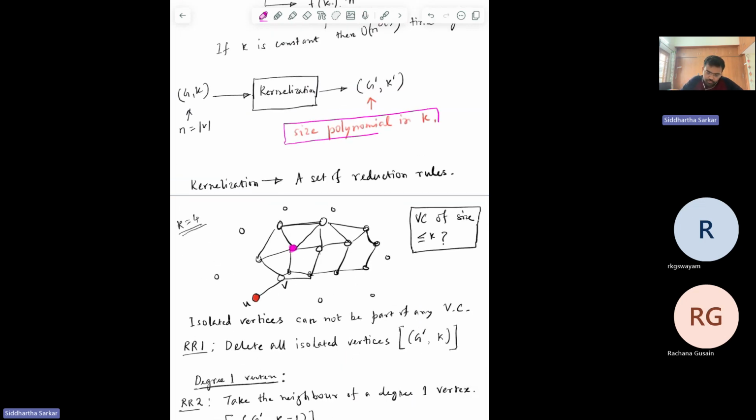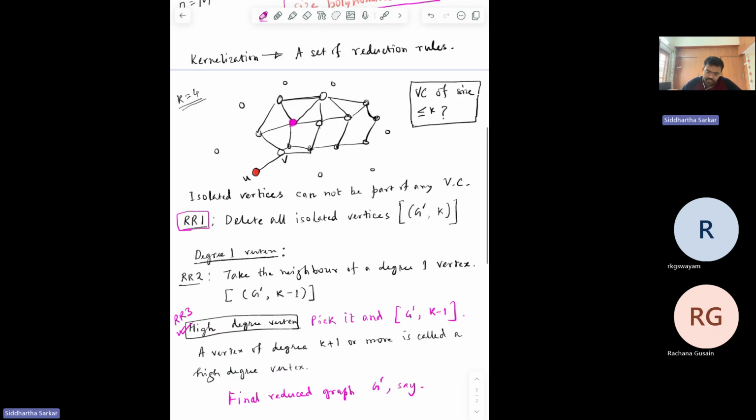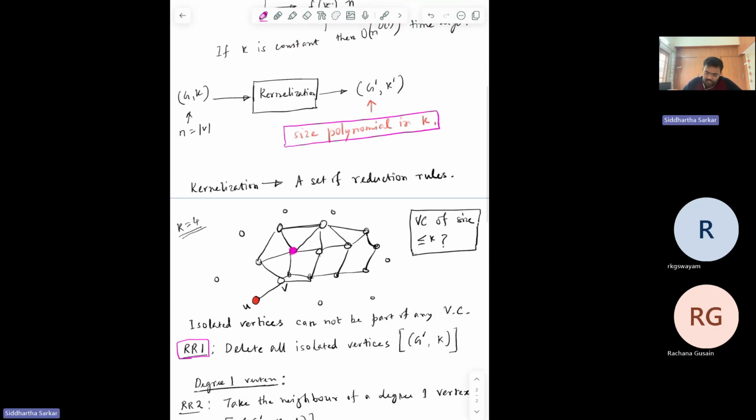Only then will we be able to say that the kernelization is successful. It turns out that with only 2 rules, this high degree vertex rule, let's call it rule 3, and deleting isolated vertices, one can find a reduced graph G dash whose size is polynomial in k.